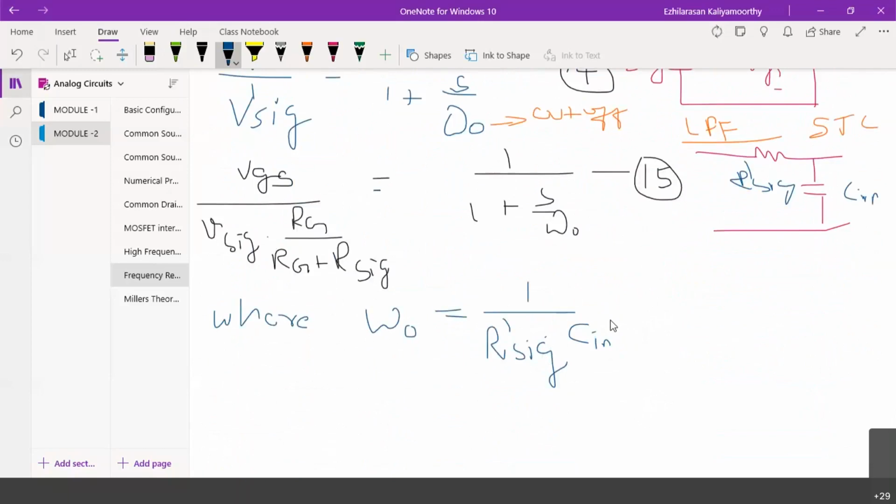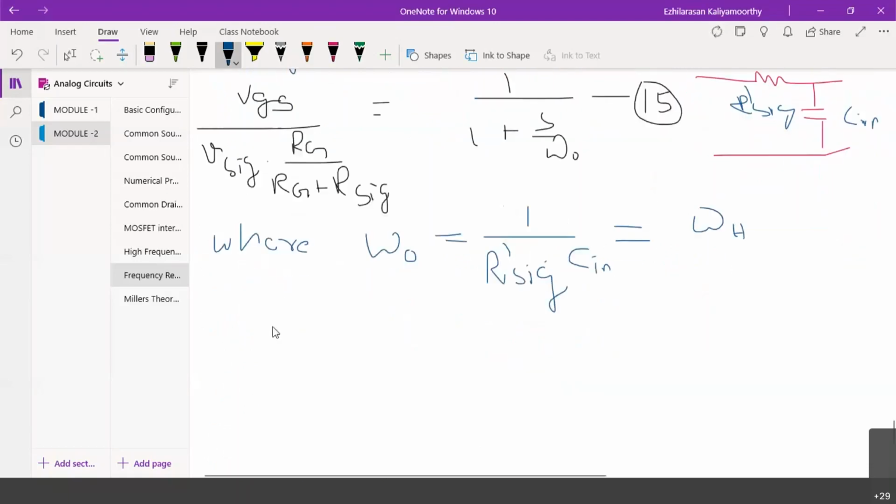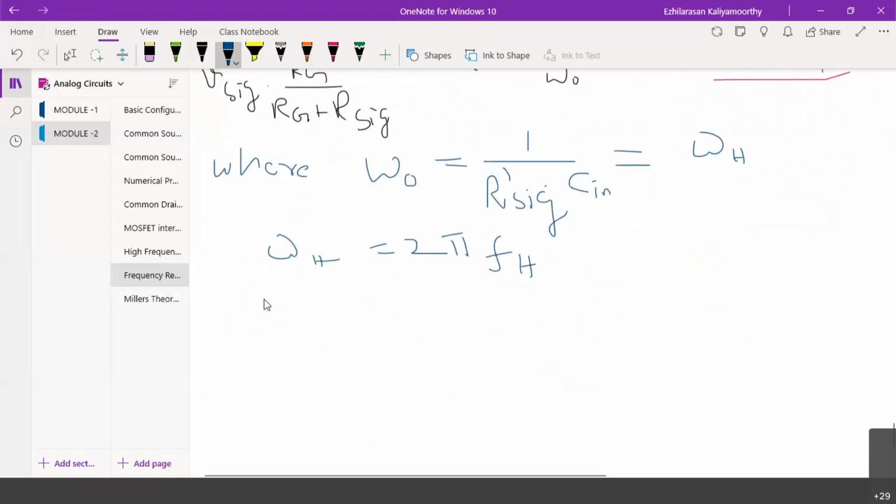This can be written as omega h, where omega h is equal to 2 pi fh. Then fh is equal to omega h divided by 2 pi.